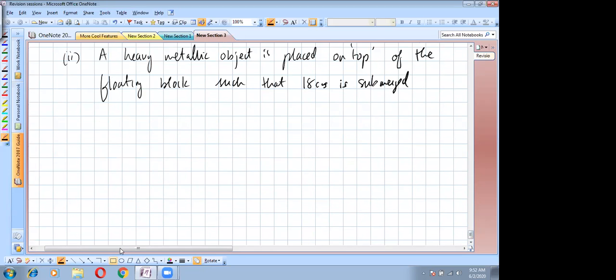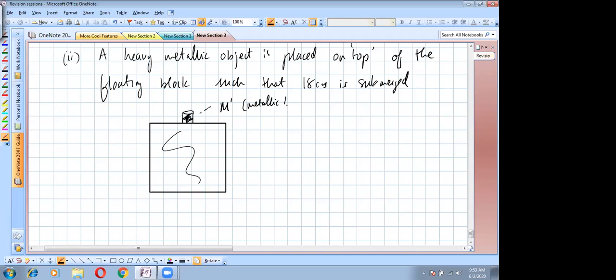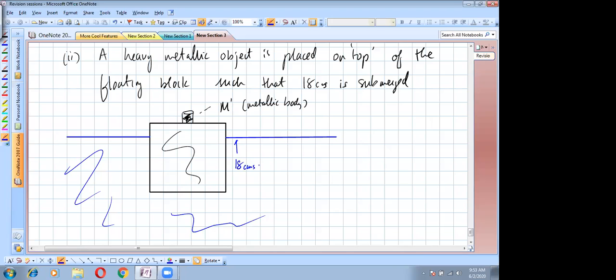So now what is happening is, on top of this wooden block, we are placing a metallic body of mass m prime, such that now the portion submerged is 18 centimeters.